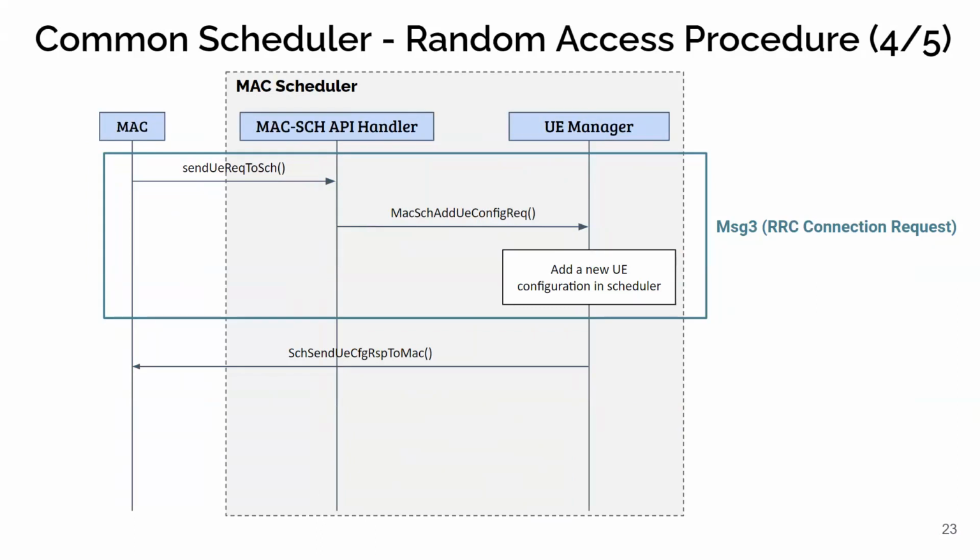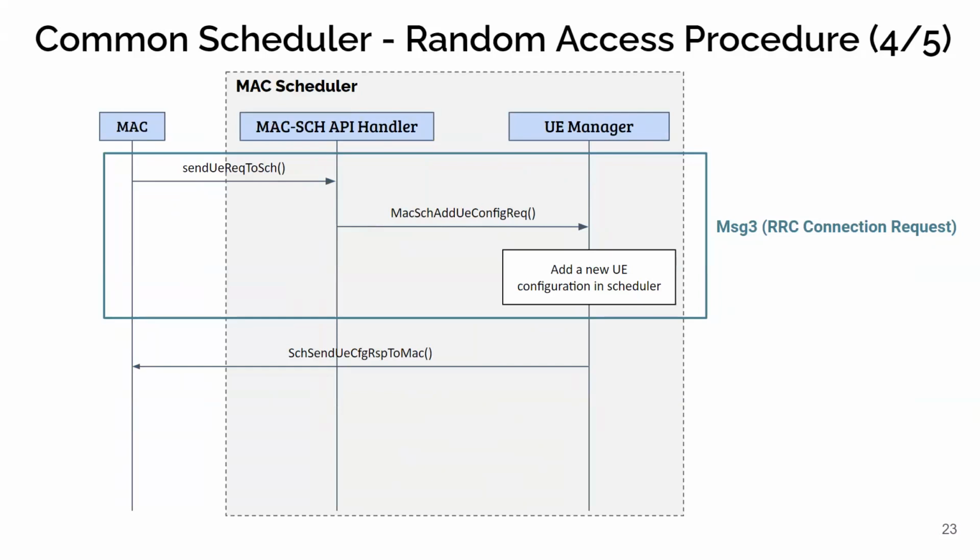So here you can see a send UE request to scheduler, because the RRC will tell the scheduler there is a new UE, a new member, so you need to add it to the scheduler.